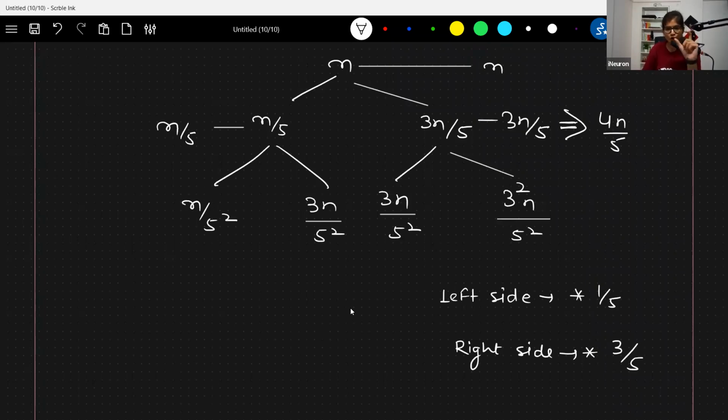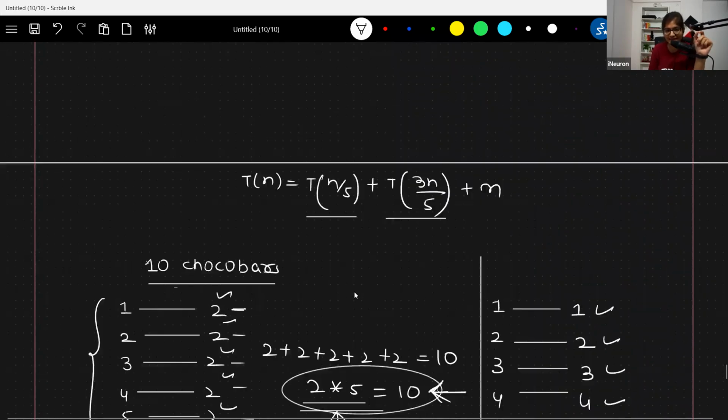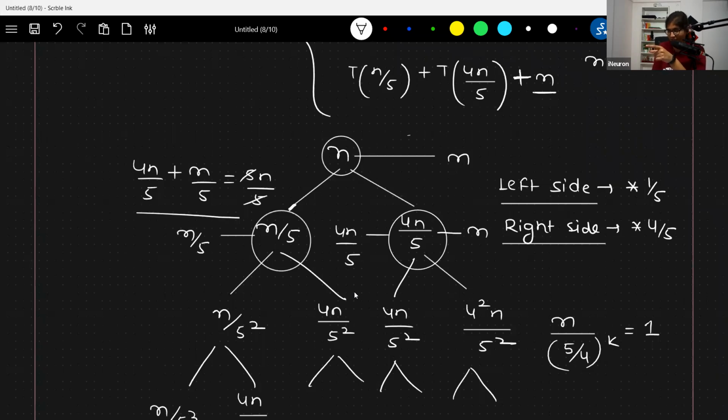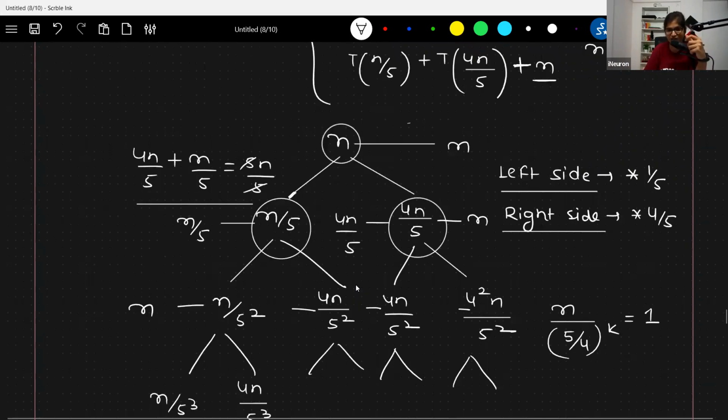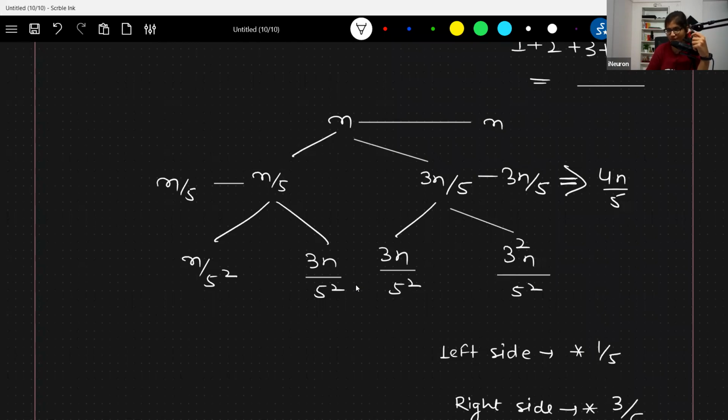So if you go to the above recursion tree, what was happening is that when you add n by 5 plus 4n by 5, we get the value n. Even at the next level, when you add all these terms, you will get the value n. But in this next question, which I am discussing now, you will get 4n by 5.